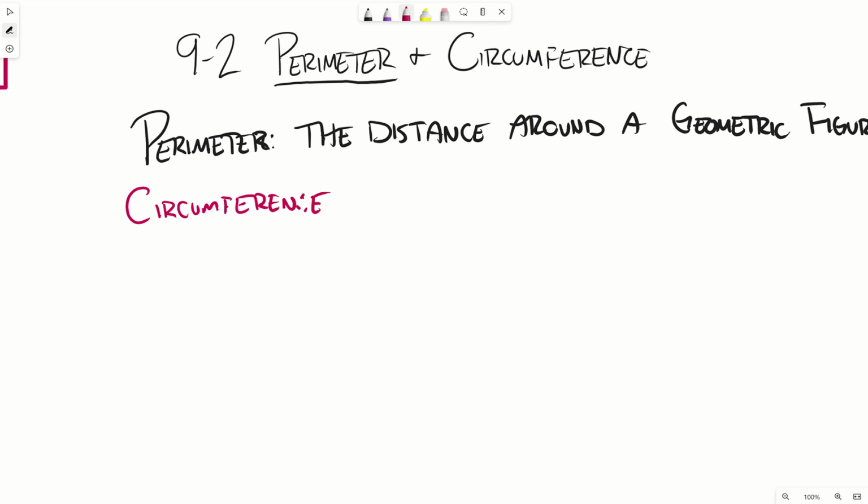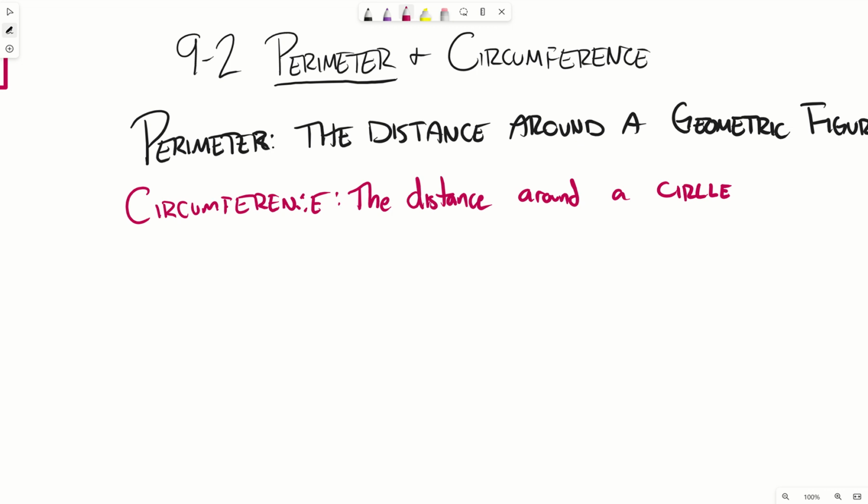Circumference is the distance around a circle. So, like perimeter is around a geometric figure, circumference is just the circle version of a perimeter. Okay? So, circle version of perimeter.